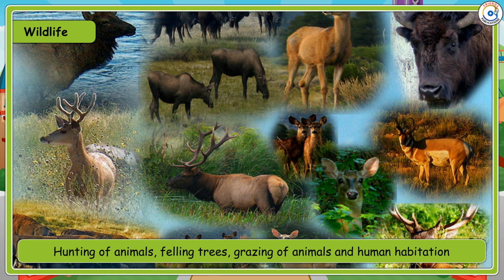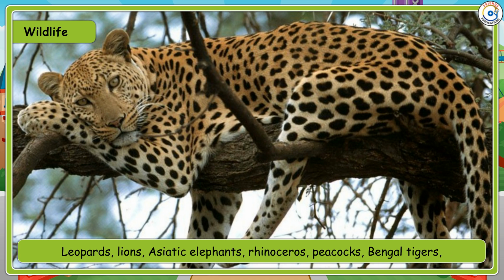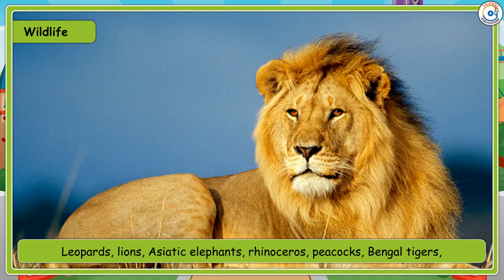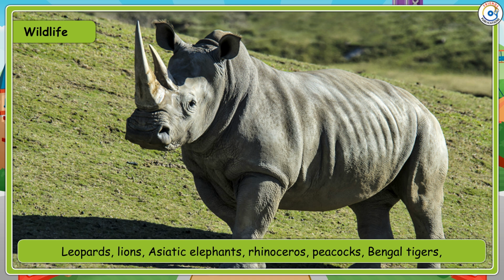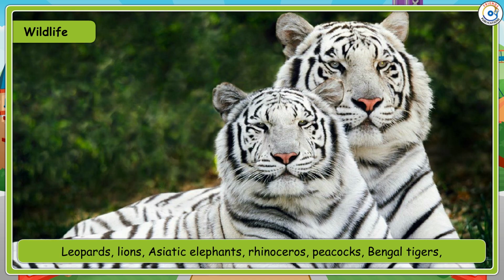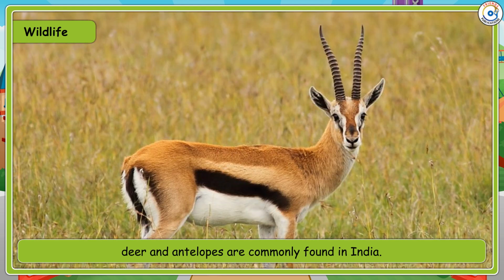Hunting of animals, felling trees, grazing of animals, and human habitation are prohibited here. Leopards, lions, Asiatic elephants, rhinoceros, peacocks, Bengal tigers, deer, and antelopes are commonly found in India.